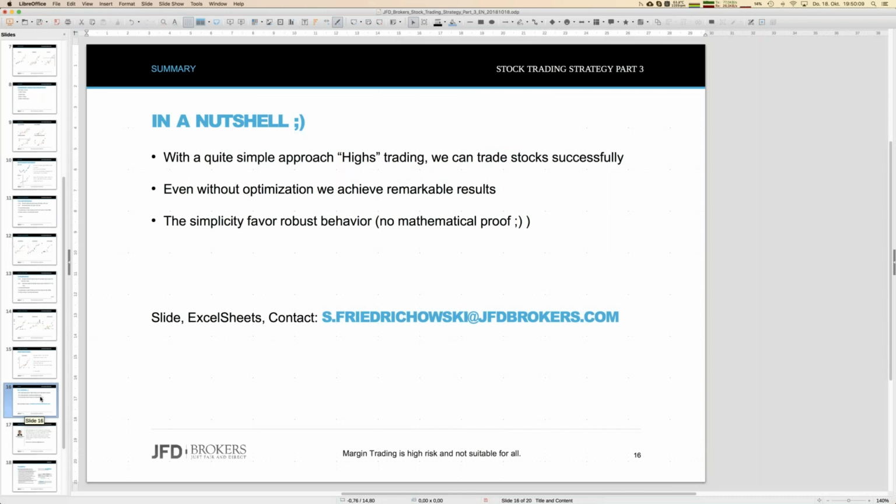So that means even without any optimization, and we don't have to optimize all the 100 individually, we can achieve remarkable results. And since we realize that we can change the parameters and that those changes don't have that much impact on the overall equity, it means that the strategy is extremely robust.